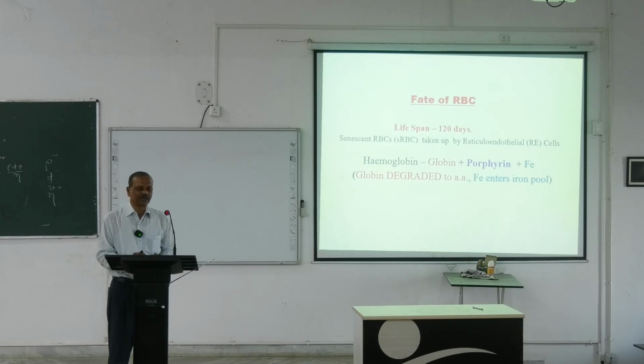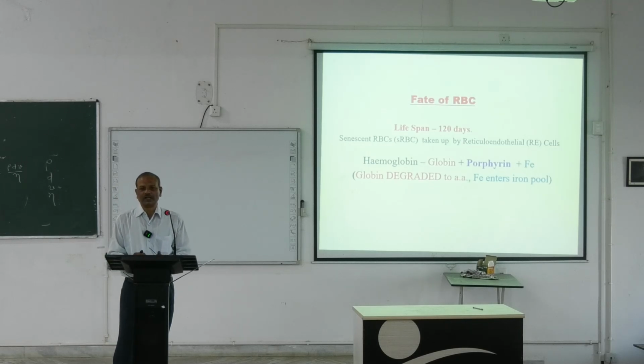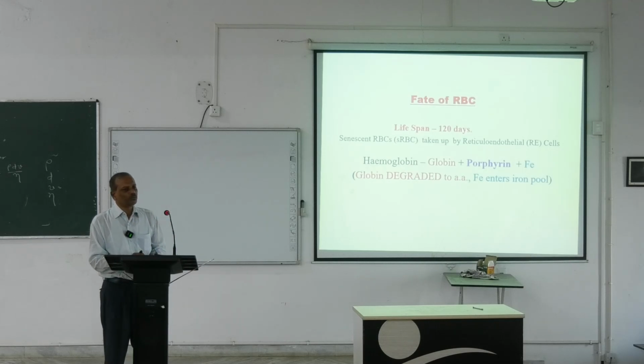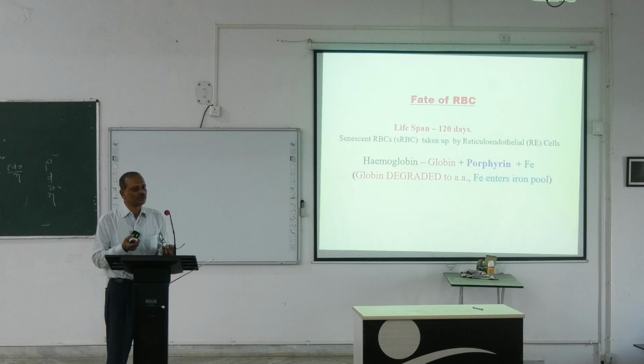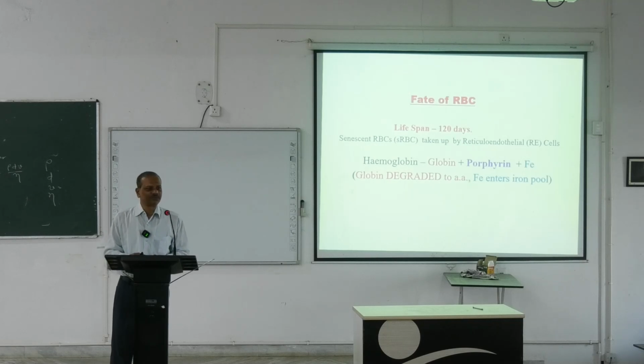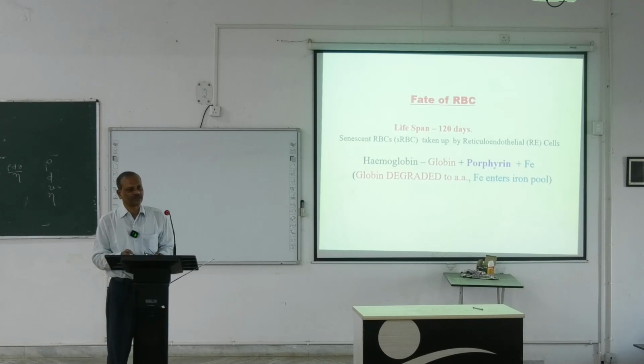Aged RBC are to be removed, and new RBC will be formed by the bone marrow. Who will remove that senescent RBC? How? And how will it recognize whether it is a young, fresh RBC or an aged RBC?